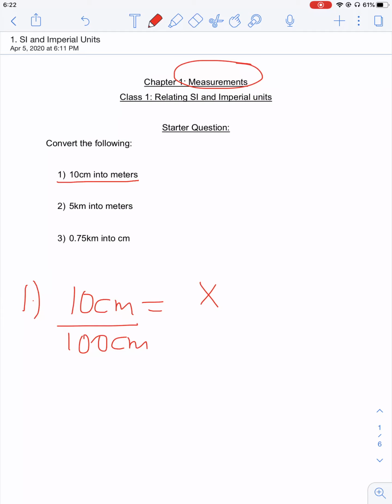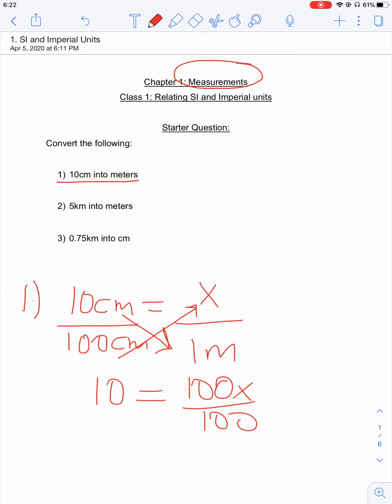I know that 100 centimeters is actually 1 meter, right? And now you can cross multiply, right? So you multiply 10 by 1. So 10 times 1 is 10, and then you multiply 100 by x. So 100 times x is 100x, and then you divide by 100, divide by 100 to solve for x, right? So x will just equal 0.1 meters.